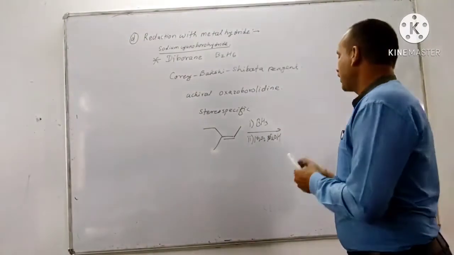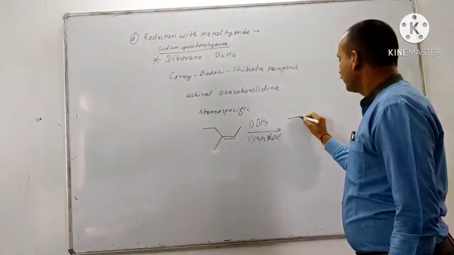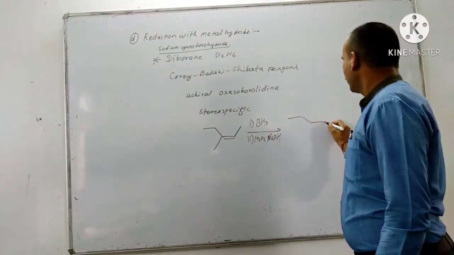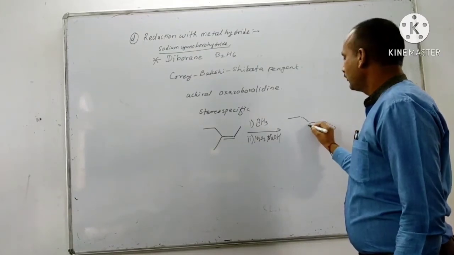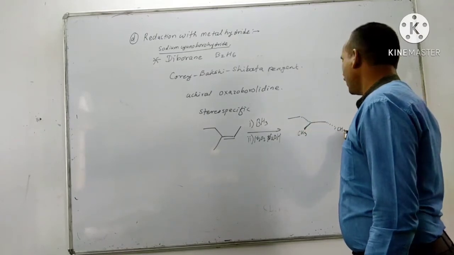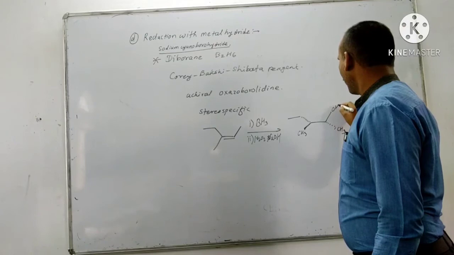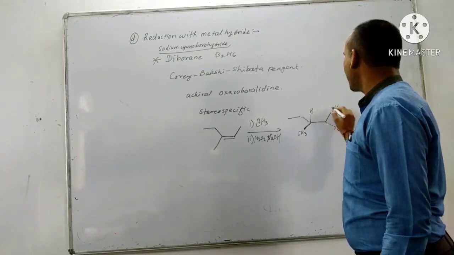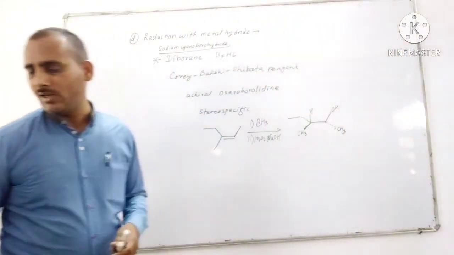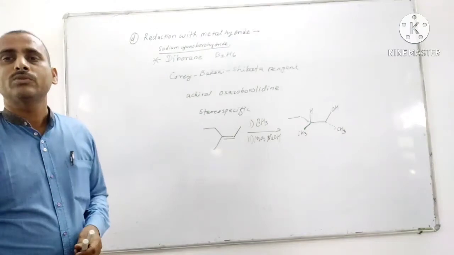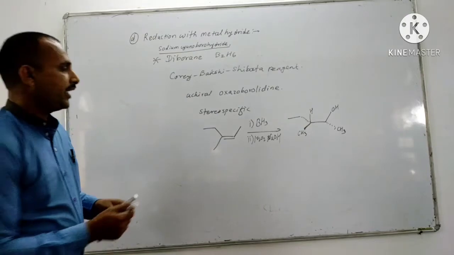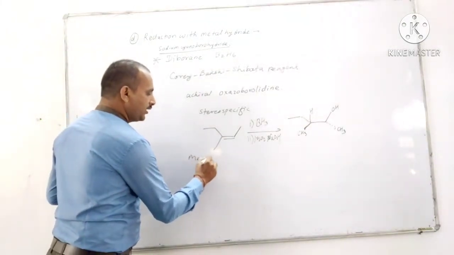It selectively gives CH3, OH, and here is H. H and OH present on the same side. That is stereospecific reaction that takes place in presence of hydroboration followed by oxidation. So let's see the mechanism of these reactions, how the mechanism takes place.